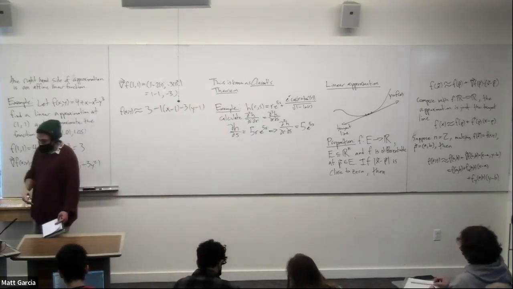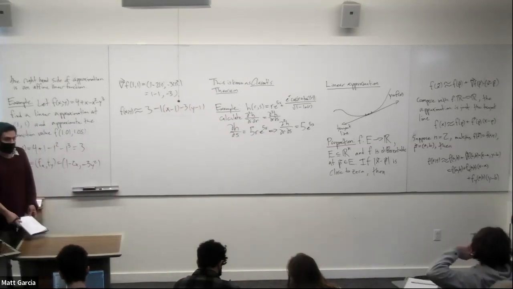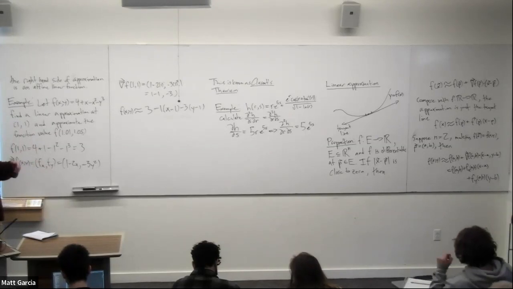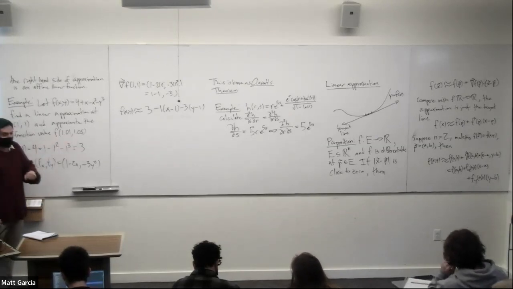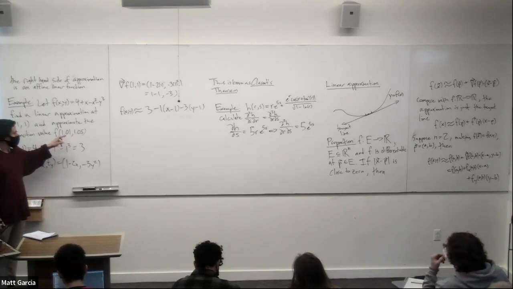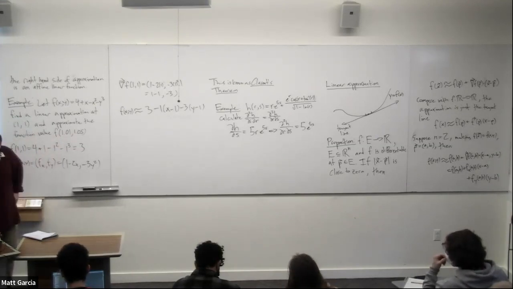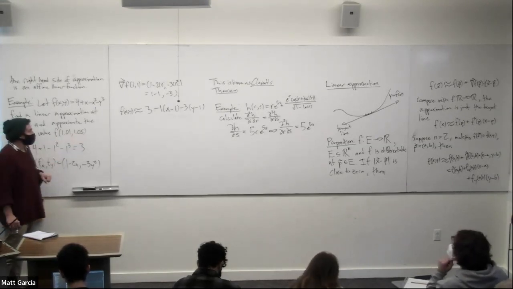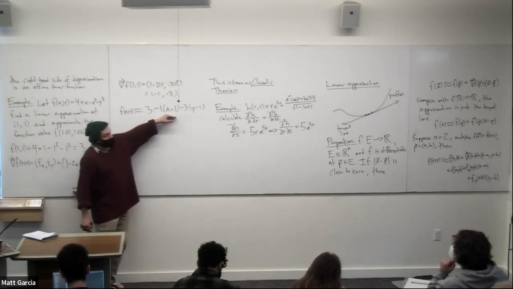Okay, that's our linear approximation. Now, what do we do in order to use this to approximate the function value at the point (1.01, 1.05)? We'll just plug it into the right-hand side of our linear approximation.